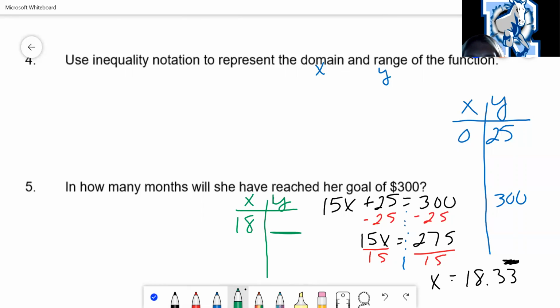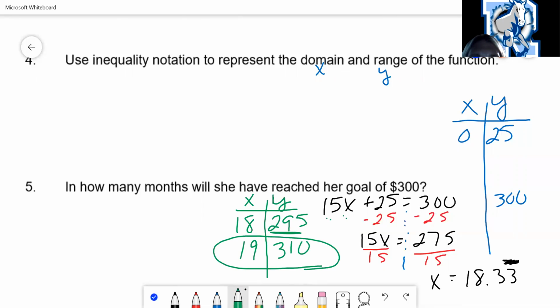Well, if you take 15 times 18 plus 25, you're going to get $295. If the bike costs $300, does she have enough money yet? No. So what about 19 months? How much is she going to have in her bank for 19 months? If you take 15 times 19 plus 25, that is $310.